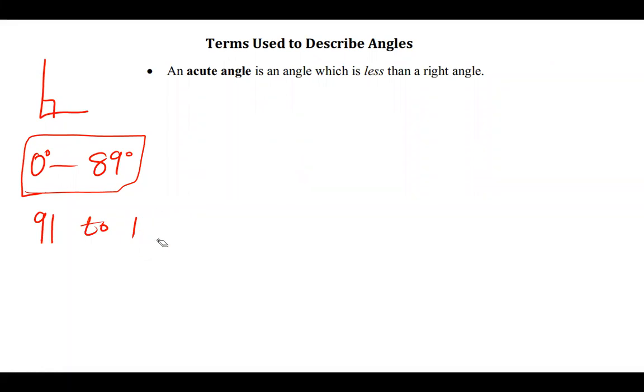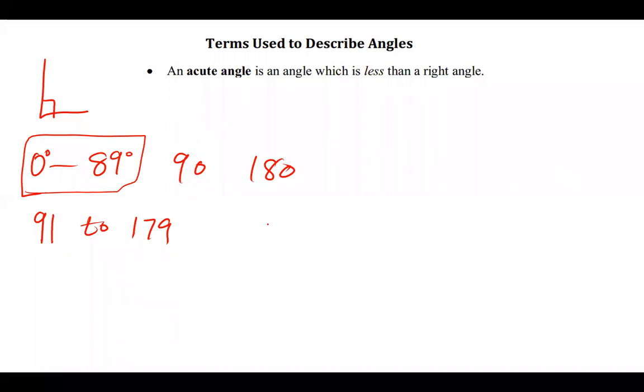Let me write it properly. These angles from 91 to 179 are called obtuse angles. So any angle between 90 and 180 is called an obtuse angle.